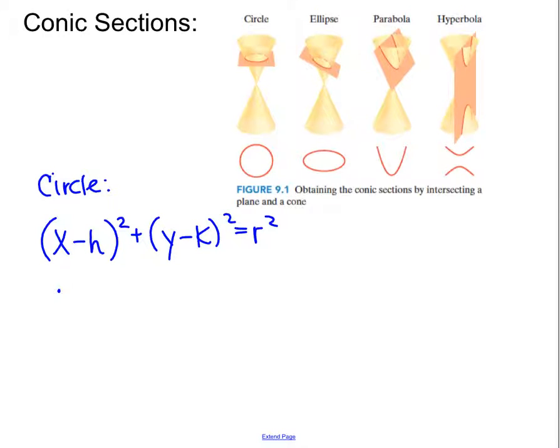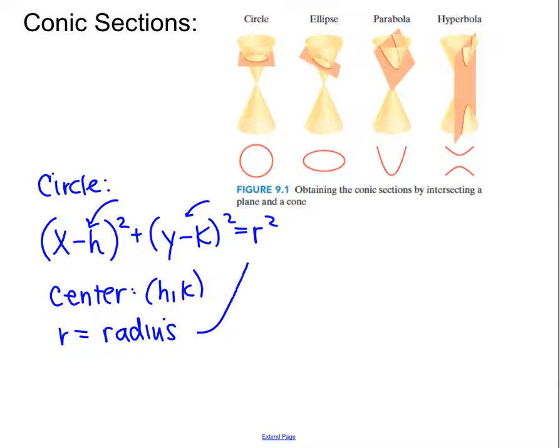The center of a circle is the h and the k. So inside this parentheses, it's going to be the opposite sign in there. The center is (h, k), and the other thing it has is a radius in the equation right there.